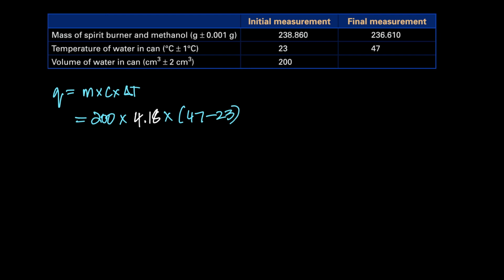Using this, you will find the heat gained by water. So 47 minus 23 is 24, times 4.18, times 200. This gives you 20,064 joules or 20.064 kilojoules.